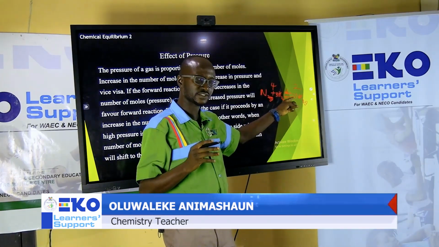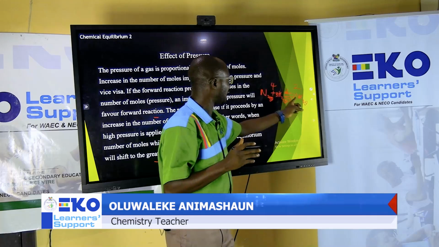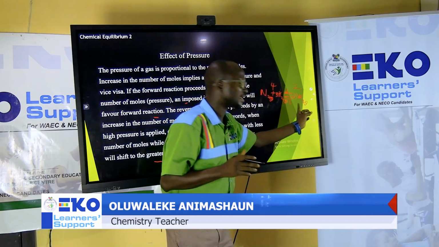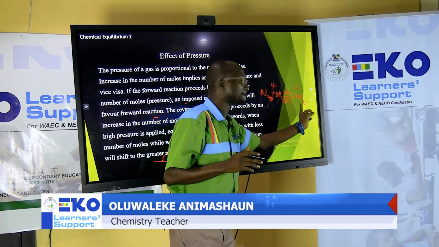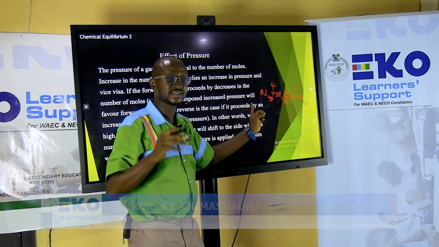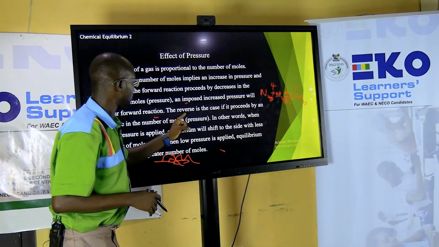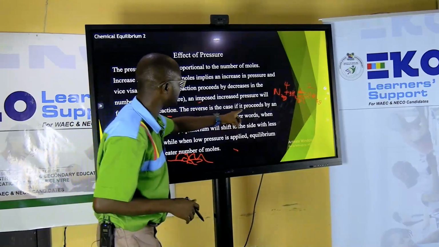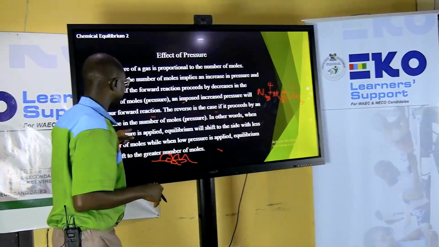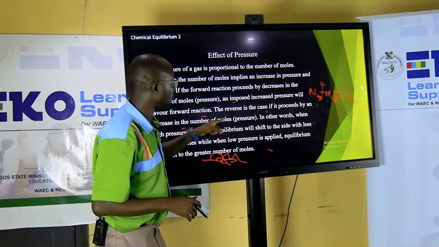I believe the students at home are following. Why? Decrease in pressure will favor backward reaction. We have already stated this in Le Chatelier's principle before. So let's continue. The reverse is the case if it proceeds by an increase in the number of moles.